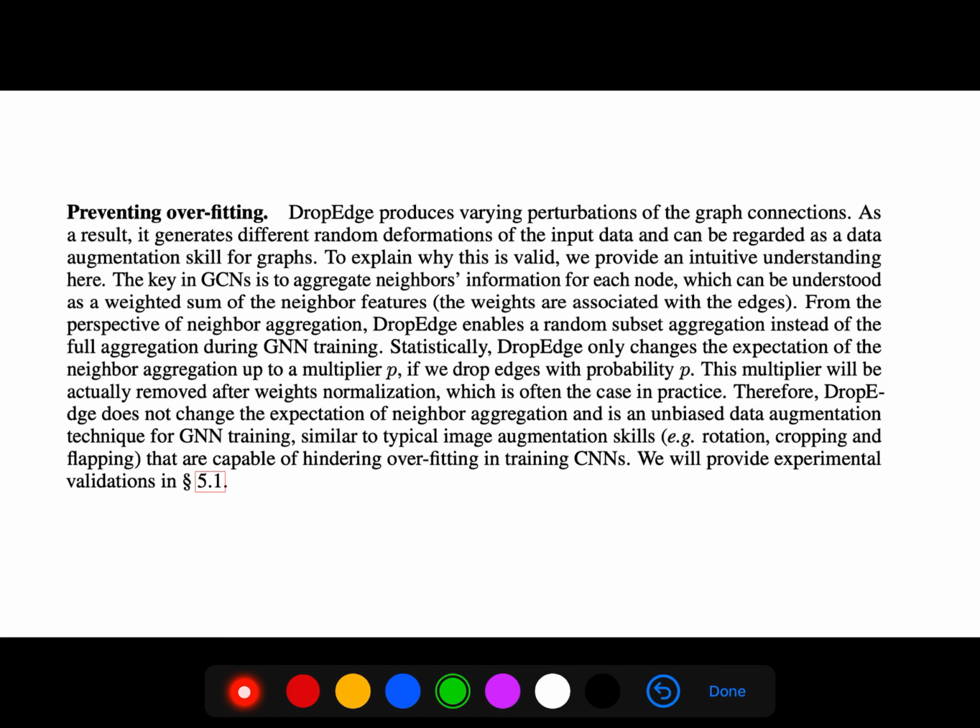If we drop edges with probability P, this multiplier will actually be removed after weight normalization, which is often the case in practice. Therefore, DropEdge does not change the expectation of neighbor aggregation and is an unbiased data augmentation technique for GNN training, similar to typical image augmentation skills such as rotation, cropping, and flipping, that are capable of hindering overfitting when training CNNs. We will provide experimental validation.